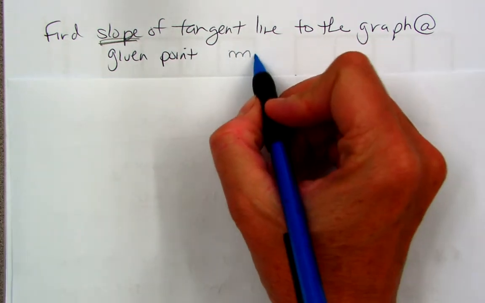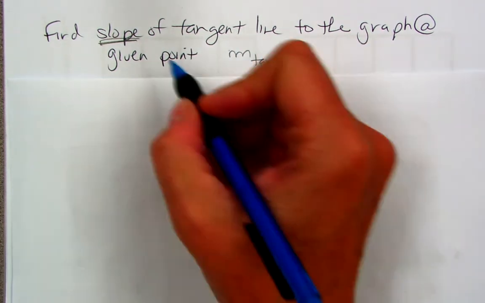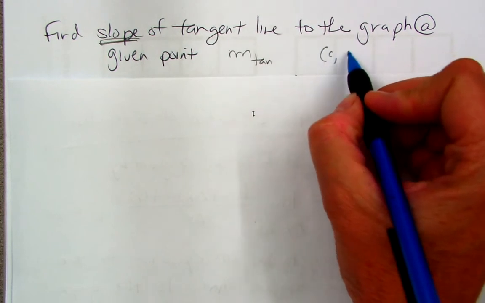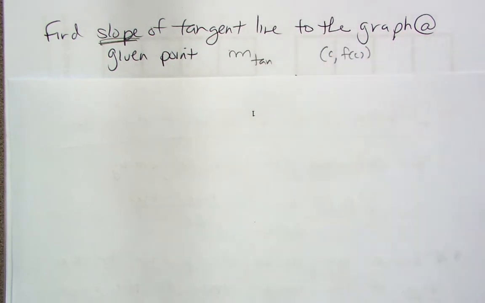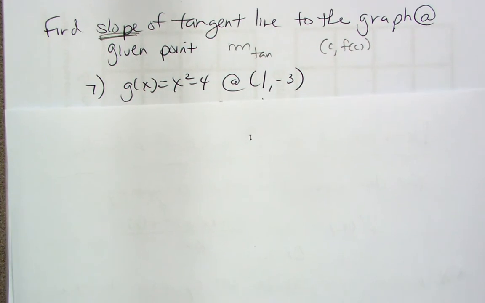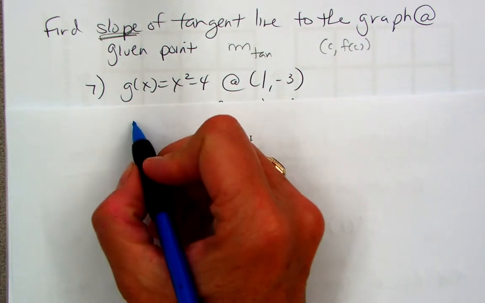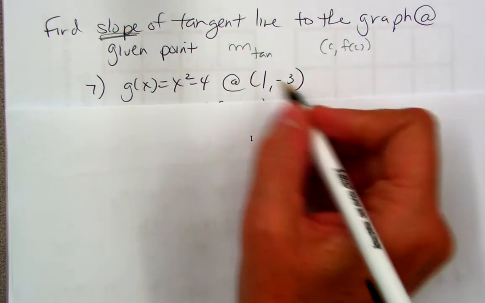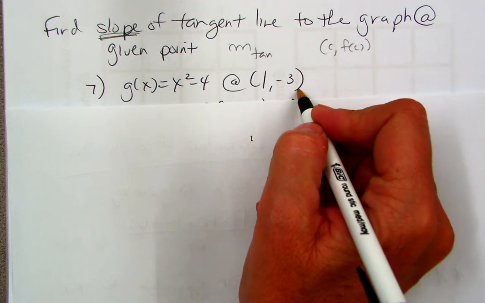It means I'm going to use this equation. Find the slope of the tangent line because it's going to be at a point, at this point. Okay. So there's my equation. This is what point it's going to be at.